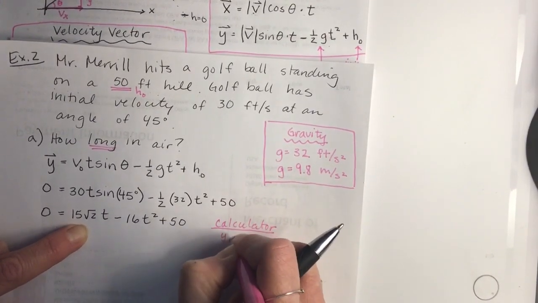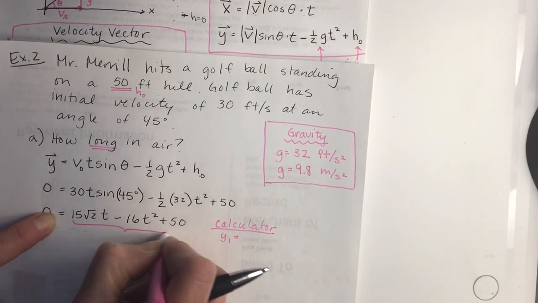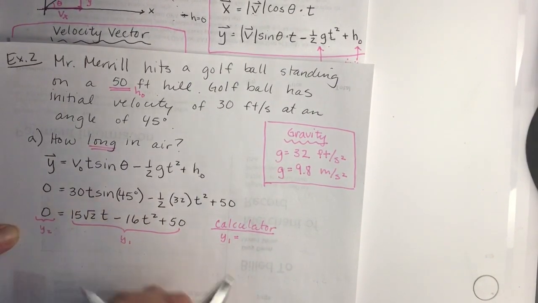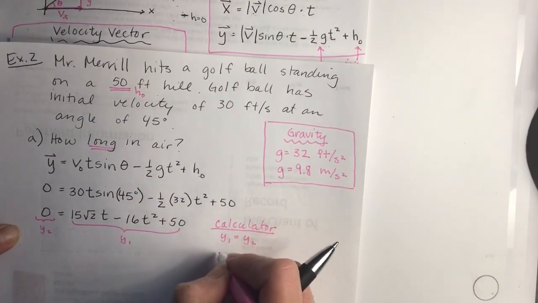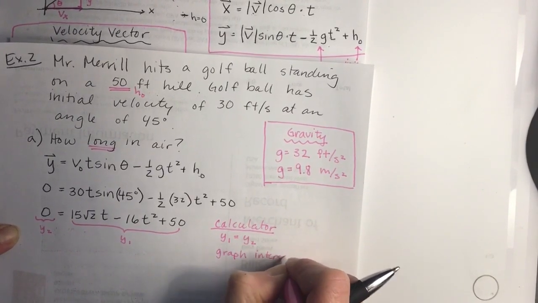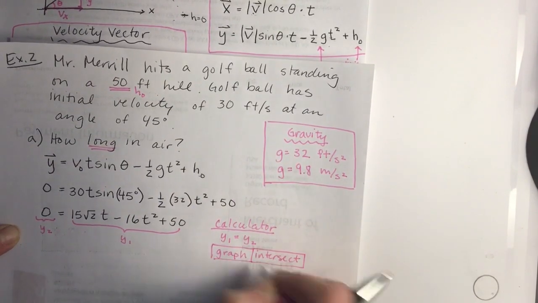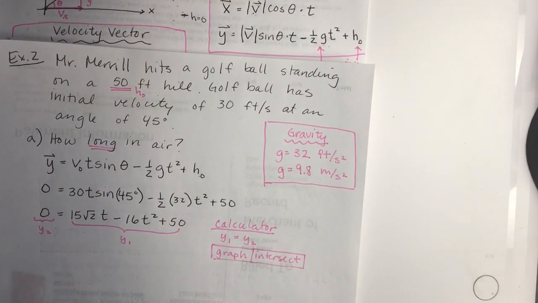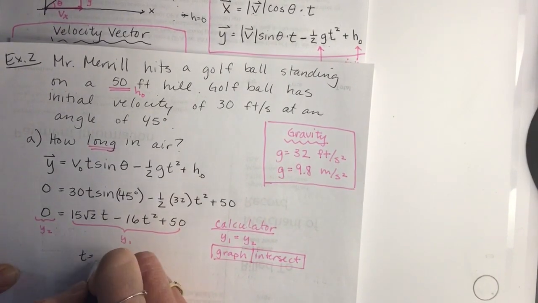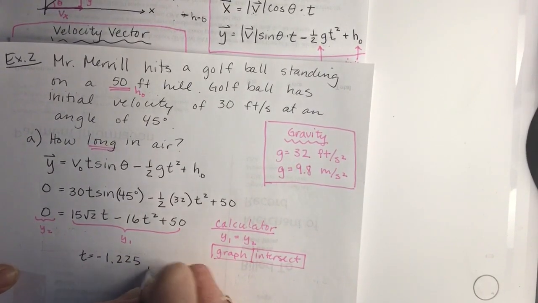Your y sub 1 is this expression and your 0 will be y sub 2. You want to know when they're equal, so you do a graph intersect on the calculator. You get two answers: negative 1.225 or 2.55.